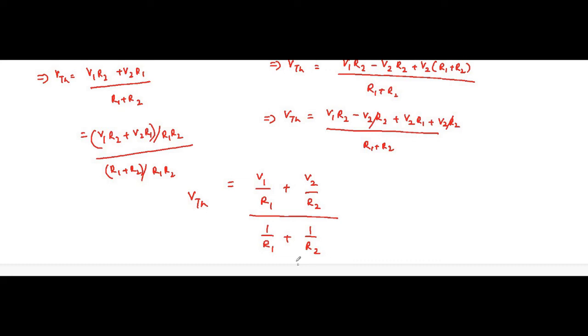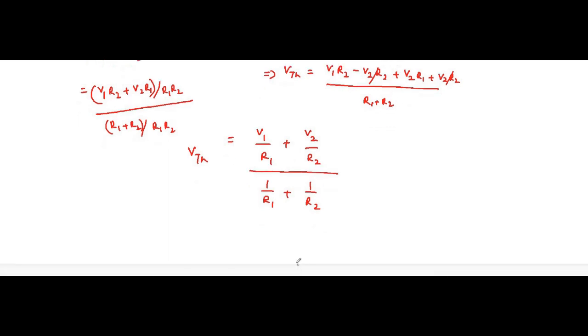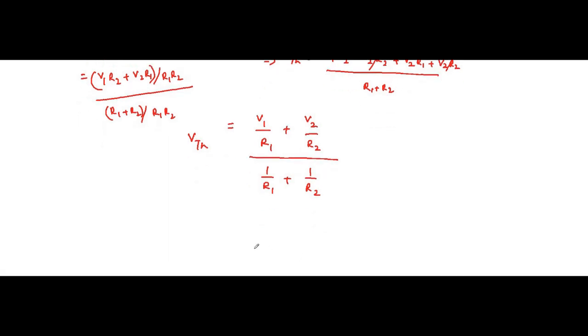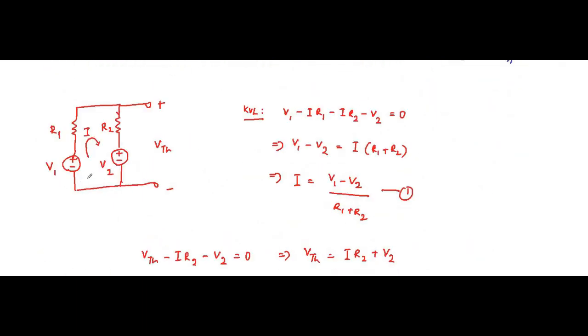Now for RTH, the Thevenin resistance calculation, we know that it is done by deactivating all the independent sources. Voltage sources are short circuited, current sources are open circuited. Here there are two voltage sources present, so we determine RTH by short circuiting them. So it will be R1, with V1 short circuited, and R2, with V2 short circuited.